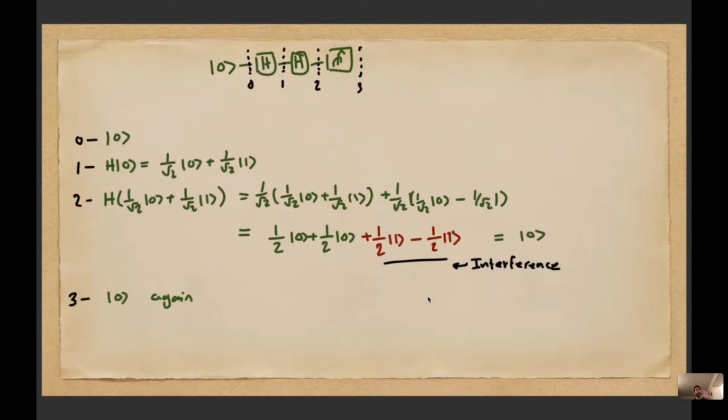So, recap. Having that intermediate measurement in between them made the outcome of this circuit become a coin flip. 50-50 distribution between 0 and 1. Removing that intermediate measurement allowed this interference to happen, which actually made the outcome of the circuit be the identity circuit, which just takes 0 to 0.